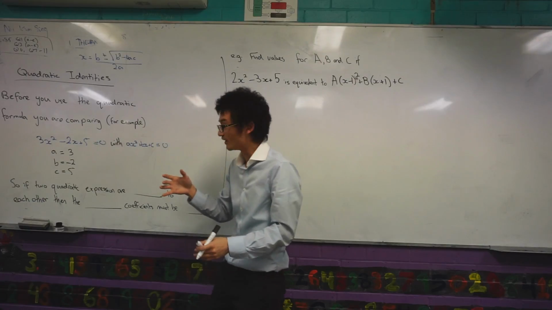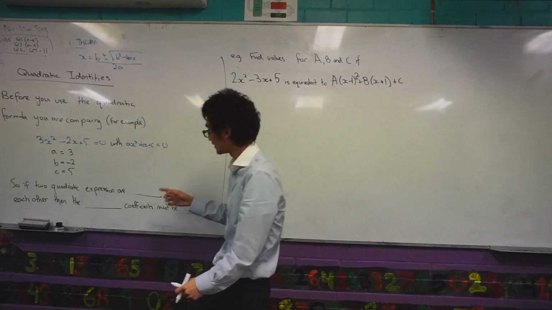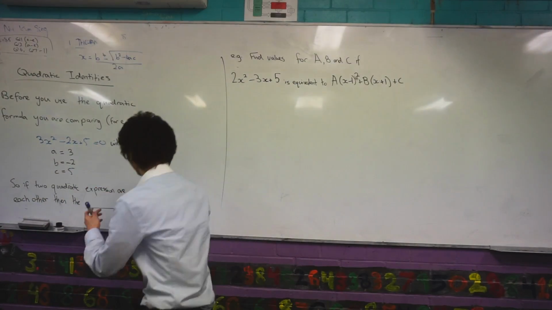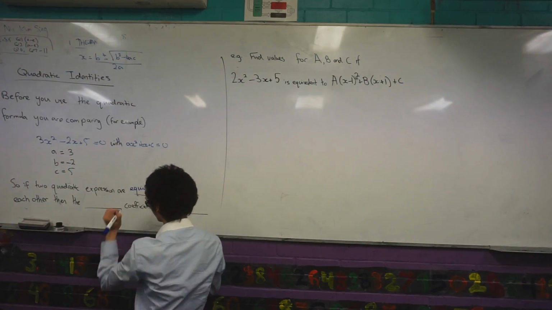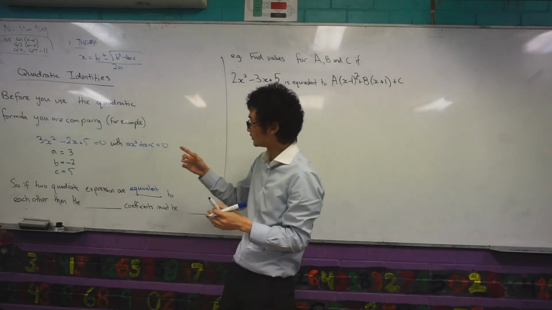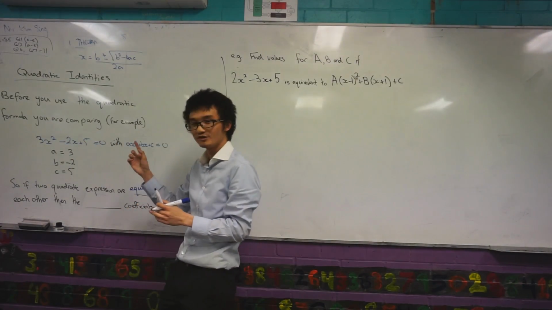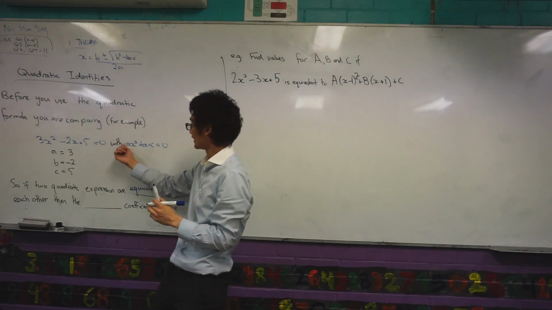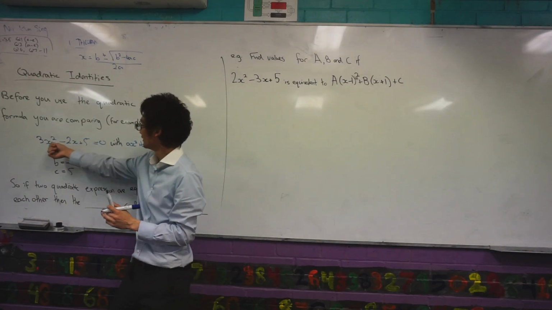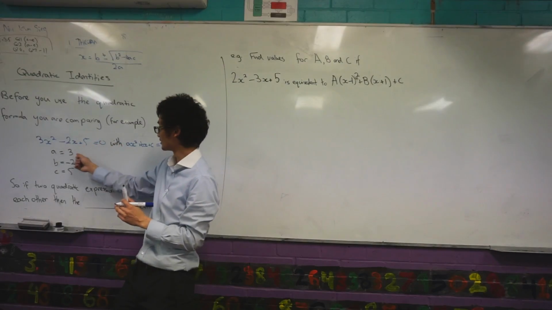So, what we can take away from that is, if two quadratic expressions are, we say, equivalent to each other, then look at what you're doing, right? You're comparing. What are you comparing? You're comparing the coefficients of these terms. You've got x squared and x squared. Well, obviously, if this is equivalent to this, then a must be 3.